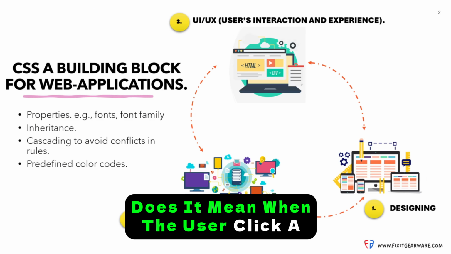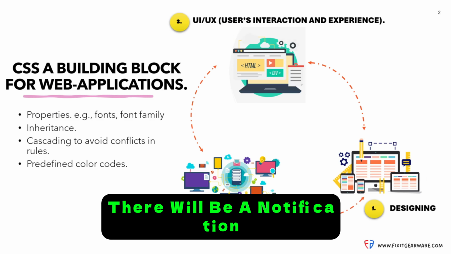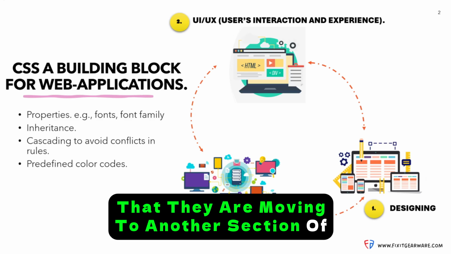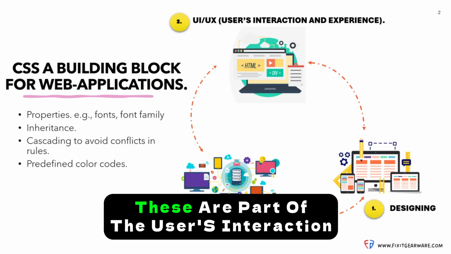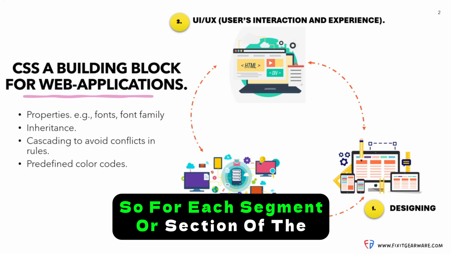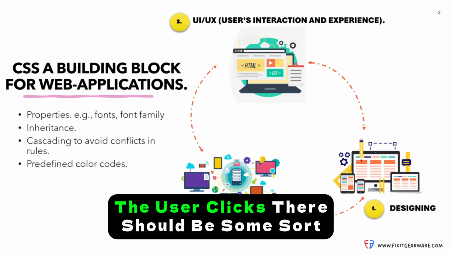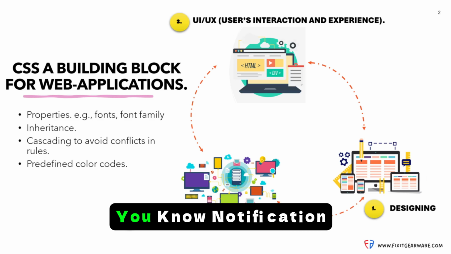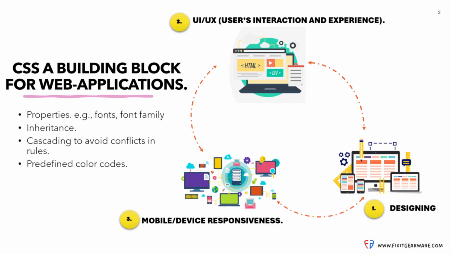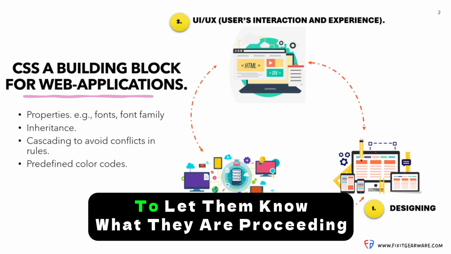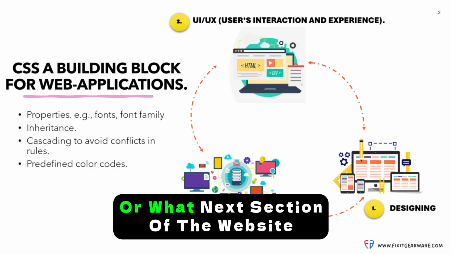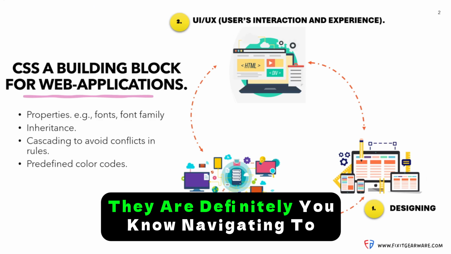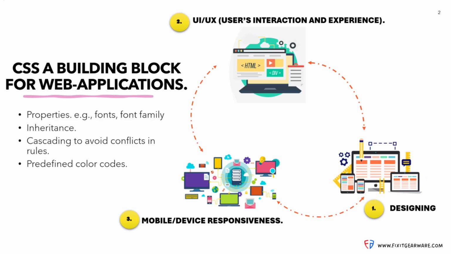Does it mean when the user clicks a link, there will be a notification indicating that they are moving to another section of the website? These are part of the user's interaction. For each section of the website the user clicks, there should be some sort of notification to let them know what next section of the website they are navigating to.